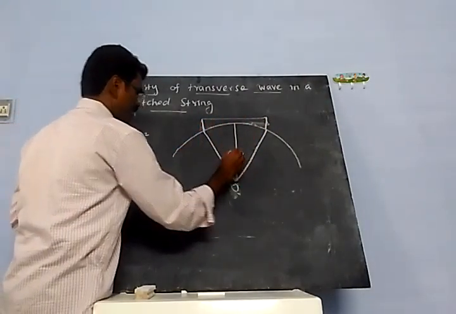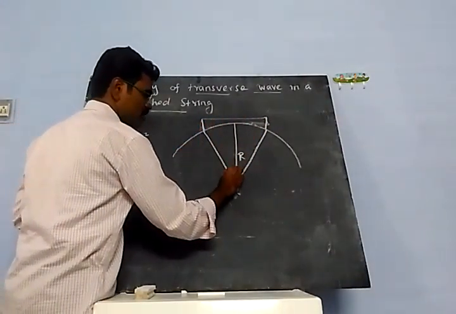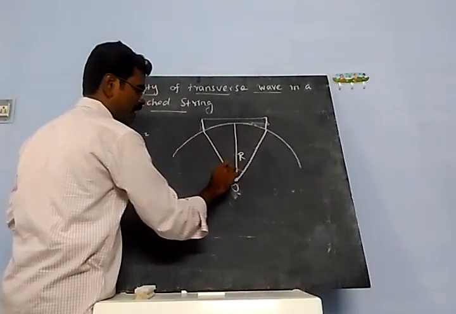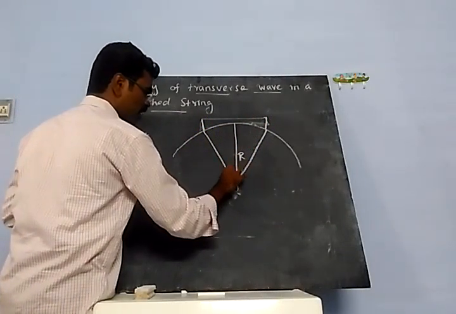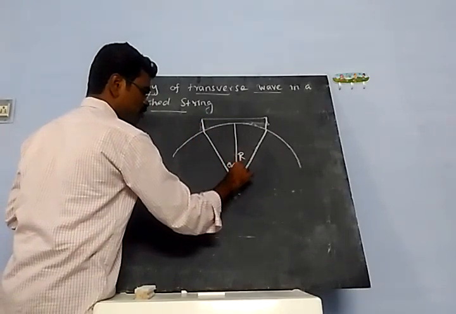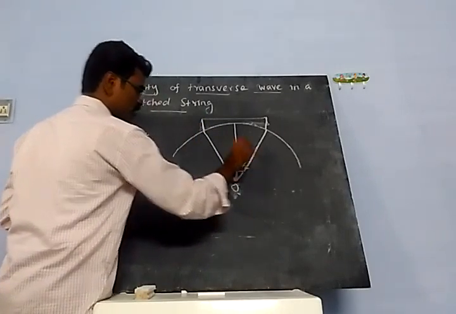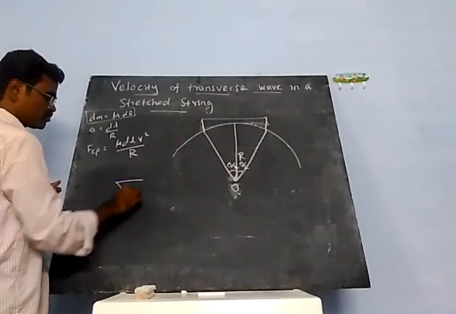So this will be an angle theta. So the whole is called theta, and taking this part alone, this part is theta by 2.